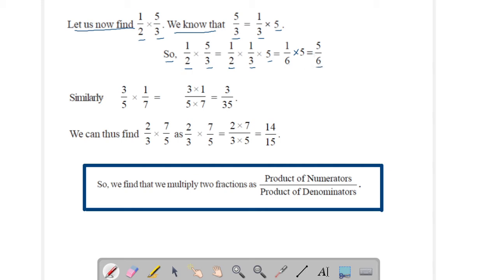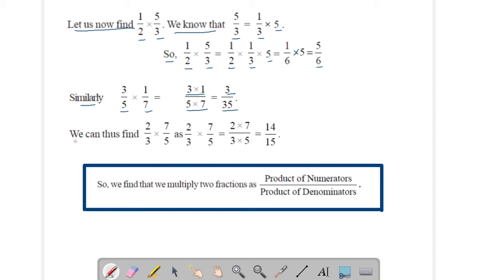This is your answer. Similarly, 3 upon 5 into 1 upon 7 equals, here multiply numerator by numerator and denominator by denominator. That is 3 into 1 upon 5 into 7. So 3 into 1 is 3 and 5 into 7 is 35. Your answer will be 3 upon 35.